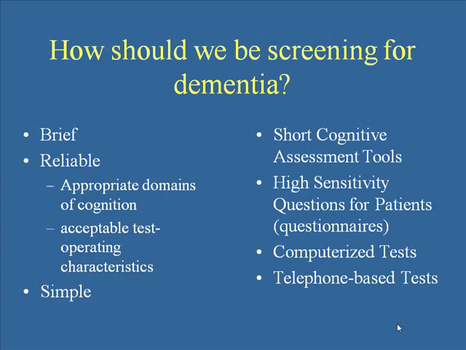There are some computerized tests that could be used for screening for dementia, and the more complex level would be that there are tools that are being explored for screening on the telephone. What we're really going to be spending our time on are the shorter cognitive assessment tools that are relatively high sensitivity and use sort of a questionnaire strategy to screen.